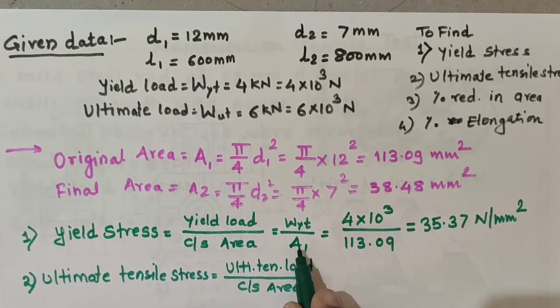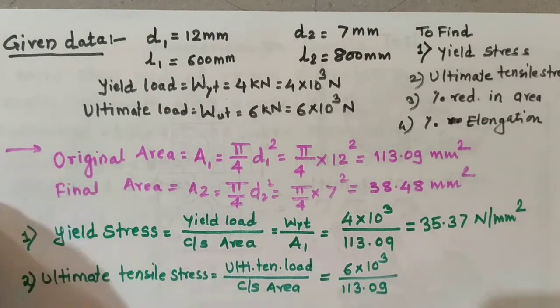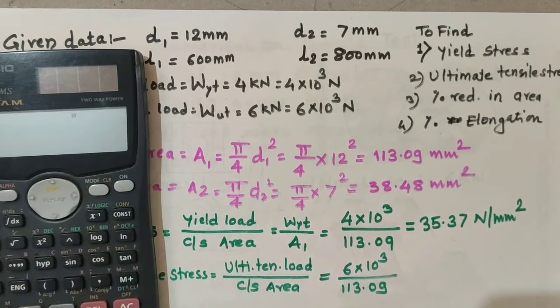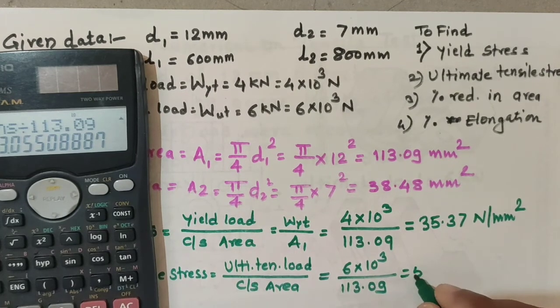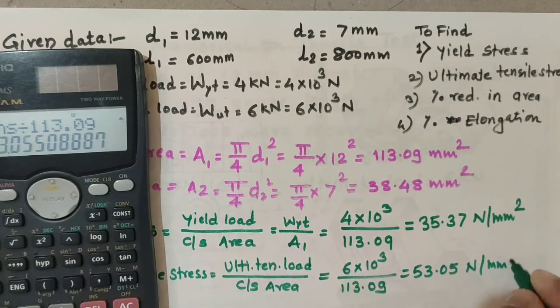Here also we will take A1. So 6 into 10 raised to 3 divided by 113.09, we'll get 53.05 Newton per mm square.